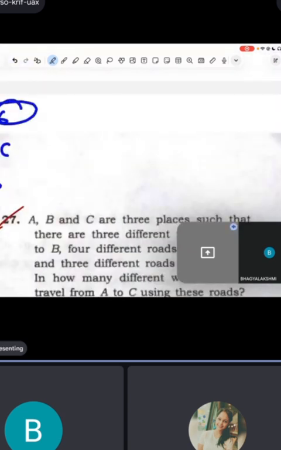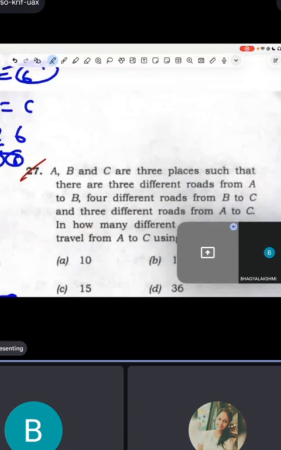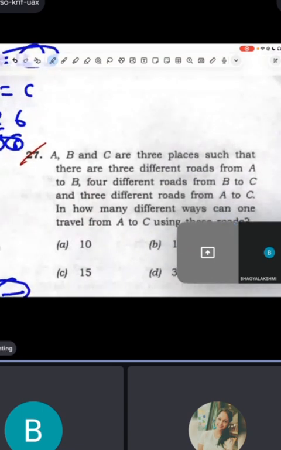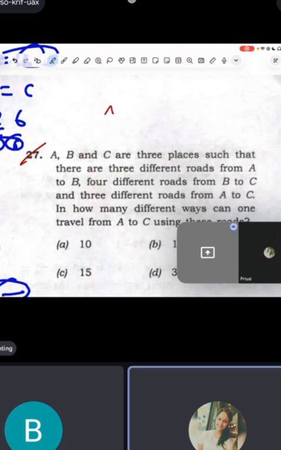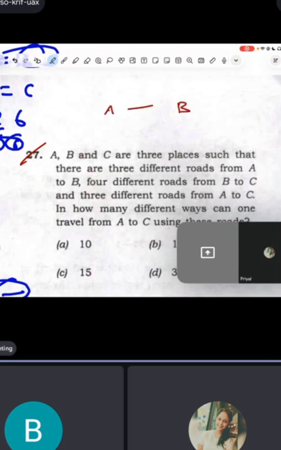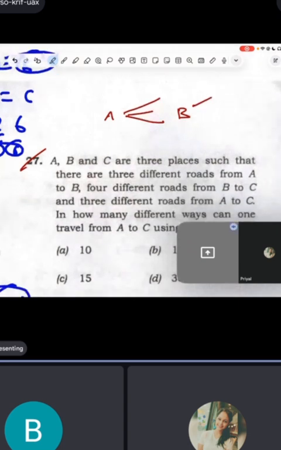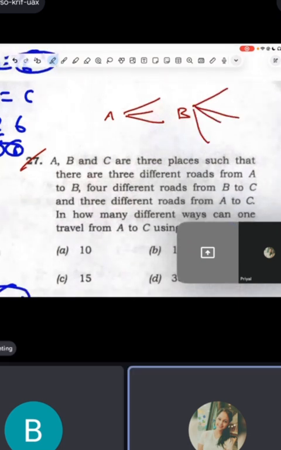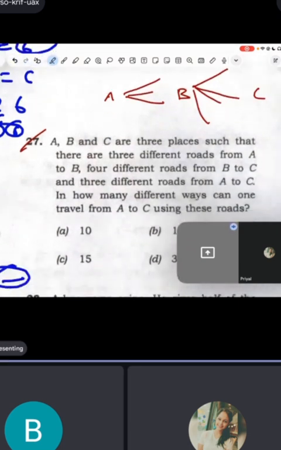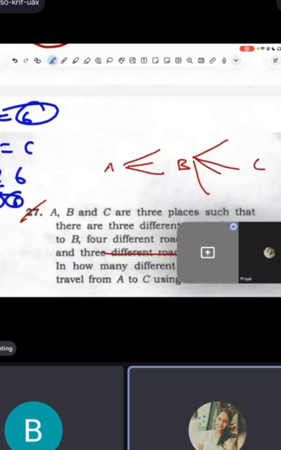So suppose the question is saying that from A to B there are three different roads, then from B to C four different roads, and from A to C three different roads.